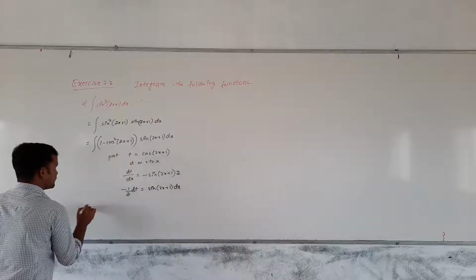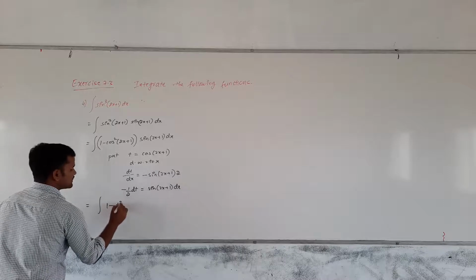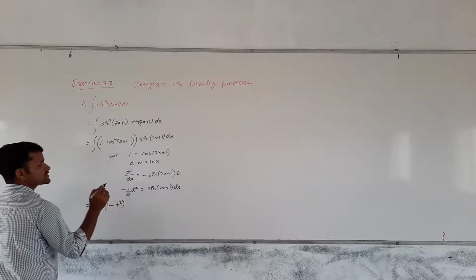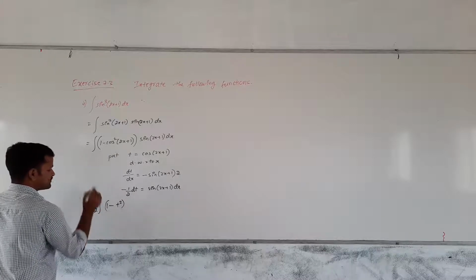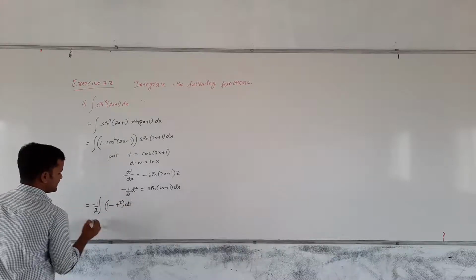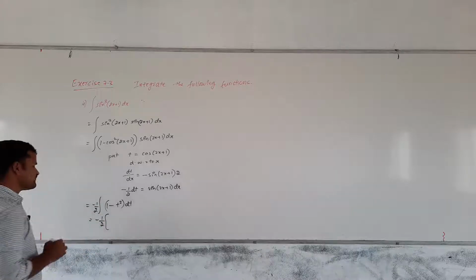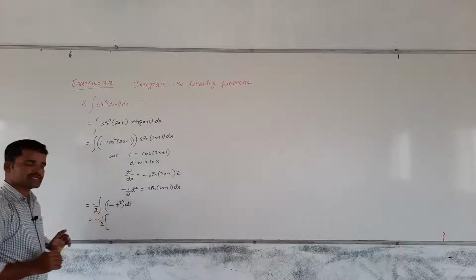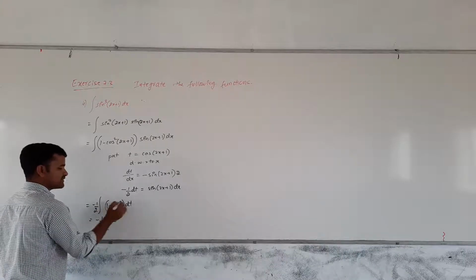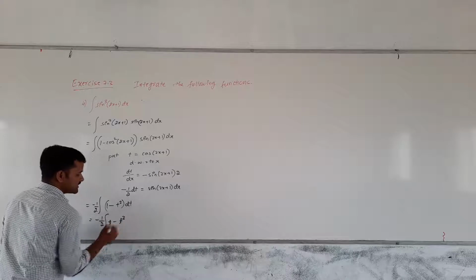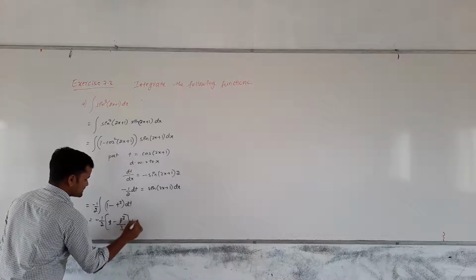Coming to the integral of 1 minus t square into sin 2x plus 1 into dx, that is nothing but minus 1 by 2 into dt. Minus 1 by 2 I will write outside into dt. Now we can integrate it. Minus 1 by 2 into, what is integration of 1 with respect to t? It is t, minus integration of t square with respect to t, which is t raised to 2 plus 1 by 2 plus 1, that means t cube by 3, plus c.